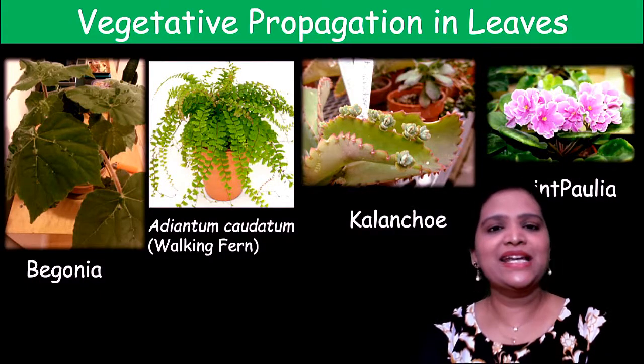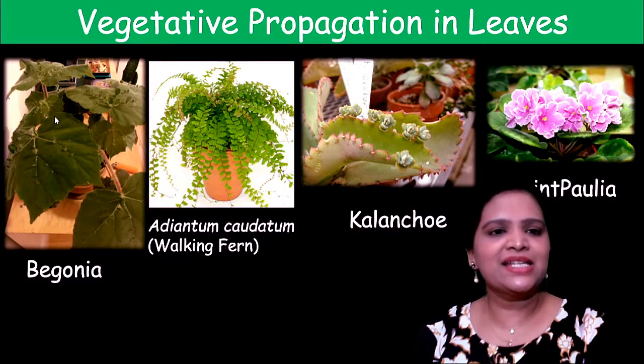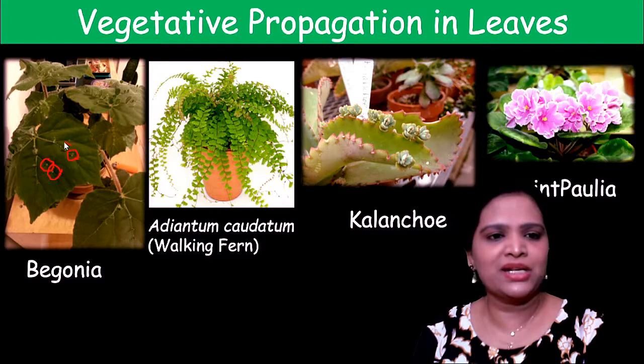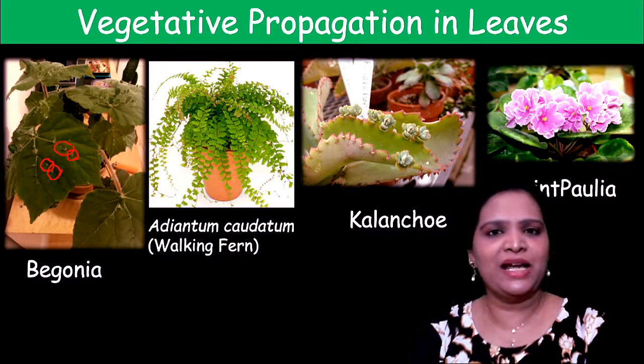There are some other examples of vegetative propagation in the leaves. One example is Begonia. Begonia has a very flat, large leaf, and we could see small notch-like structures here. These are the leaf buds on this plant. Once these buds fall off from that area, a new plant will grow.